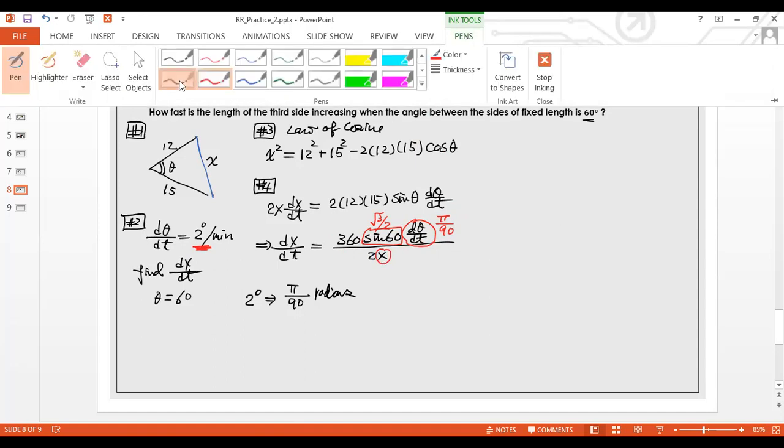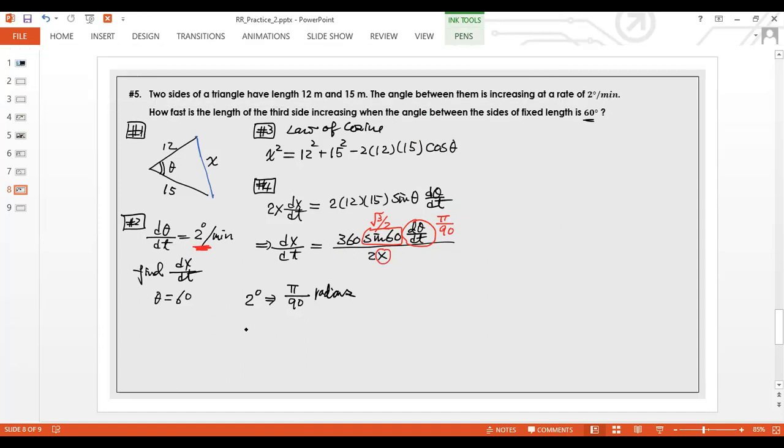Okay, now I can use the law of cosine. So I know x squared is equal to 12 squared plus 15 squared minus 2 times 12 times 15 times the cosine of 60 degrees.